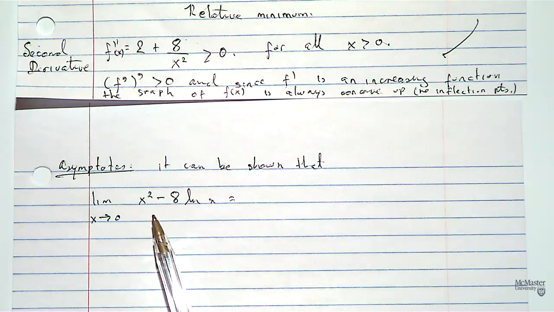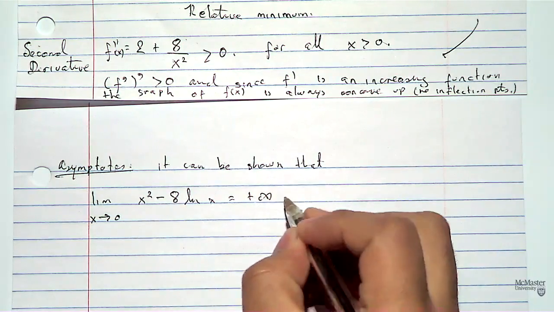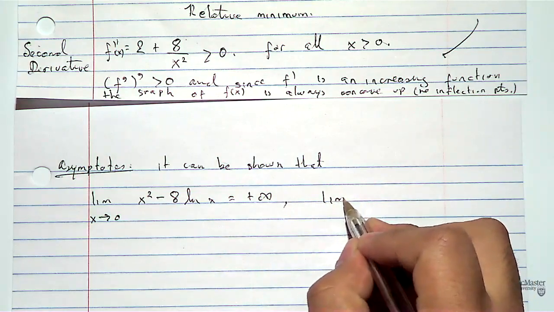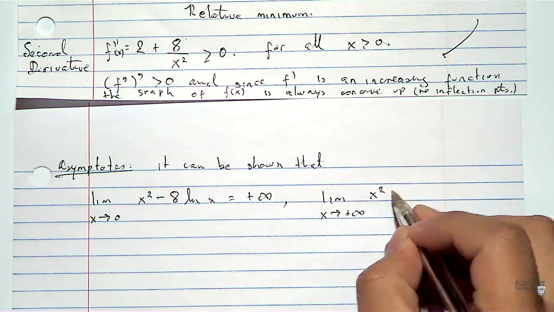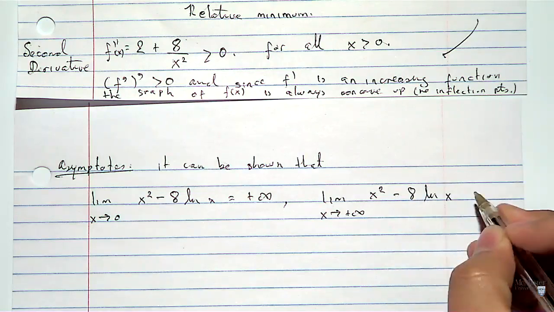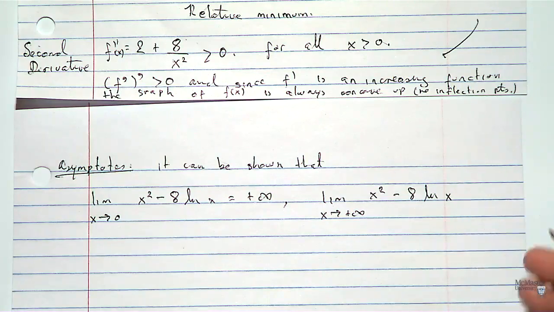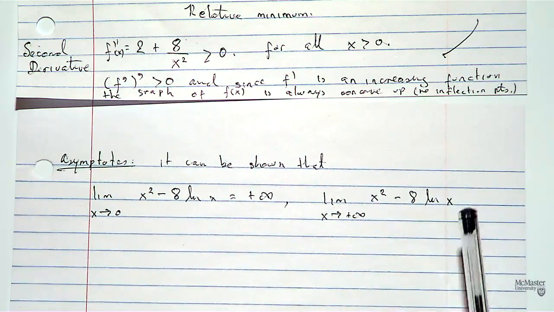Here you have a minus sign though. So instead of going to minus infinity, you go to plus infinity. Now, if I consider the other limit, when I go to plus infinity of this, x squared minus 8 natural log of x, well, here it would seem that you would have a competition between this term, which is pretty big, minus this other term, which is also big.